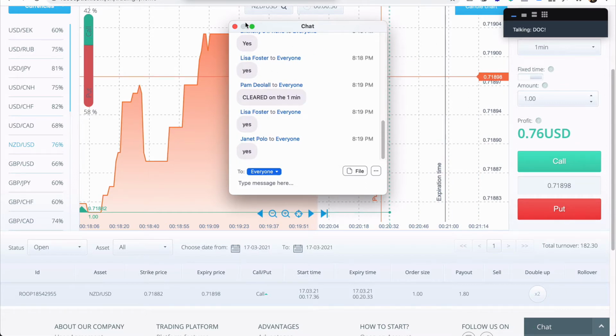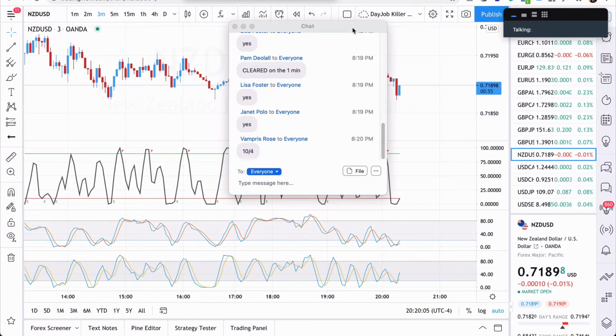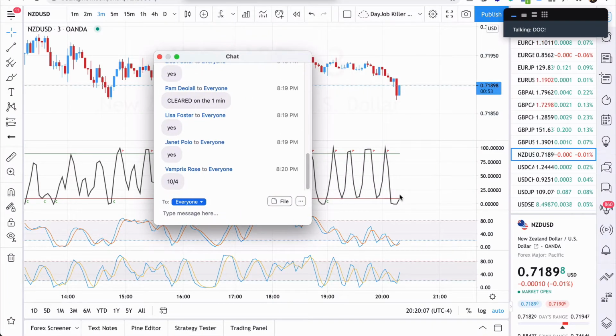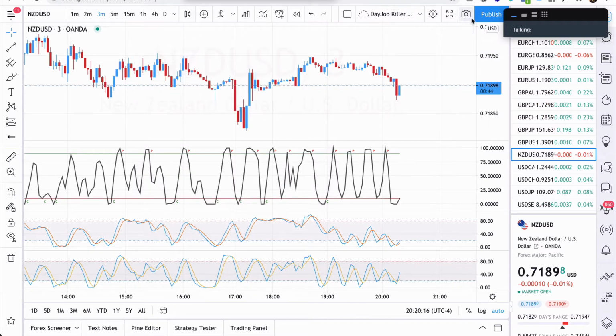Cool, cool. Let's just go back and see. Still hadn't got the C yet, but that's definitely a perfect setup. Why has that C not come? There it is. C just came up.